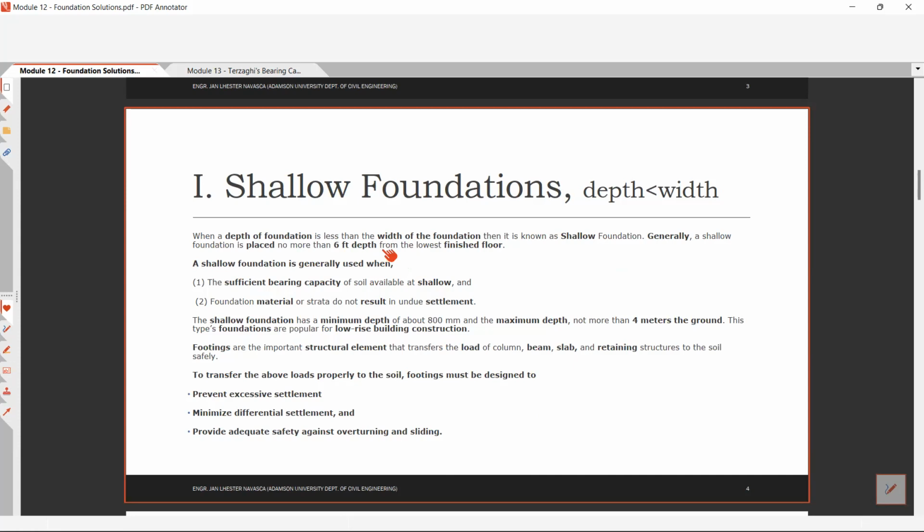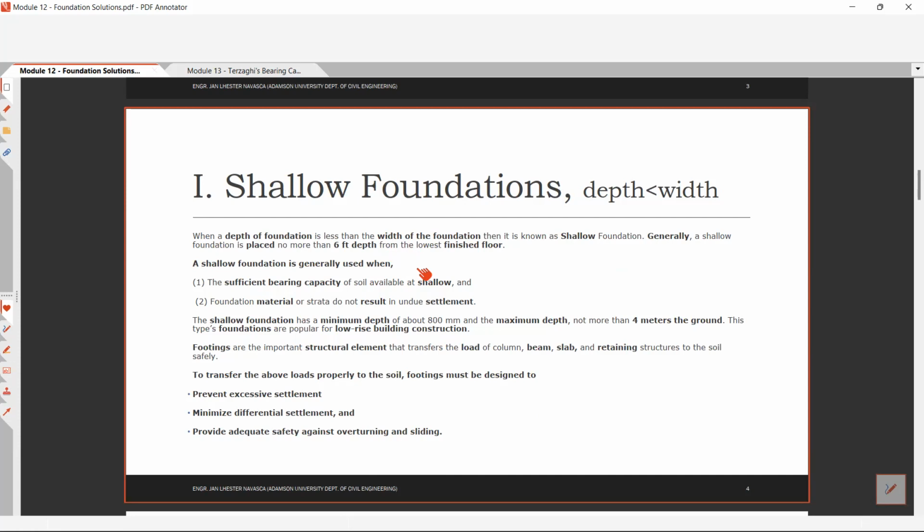Okay, a shallow foundation is generally used when, number one, there is a sufficient bearing capacity of soil available at shallow level, or at that depth. Okay, so sufficient yung bearing capacity mo.